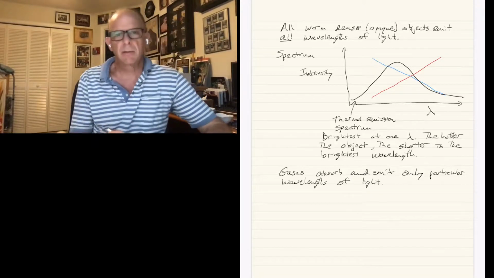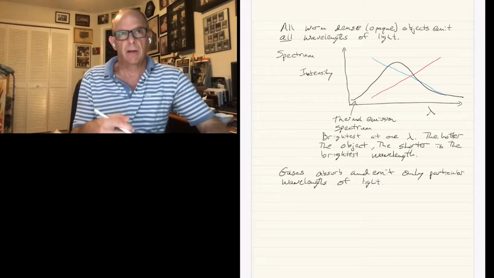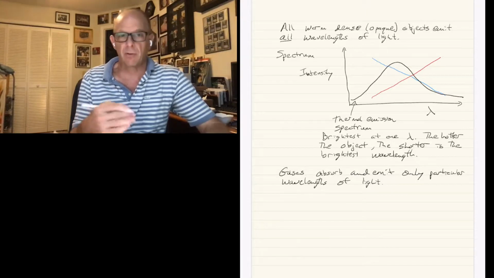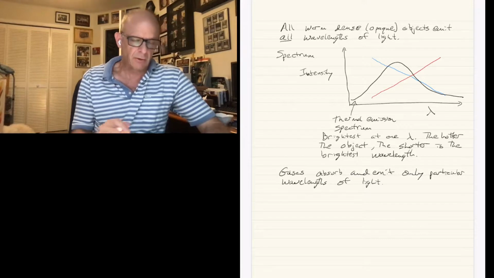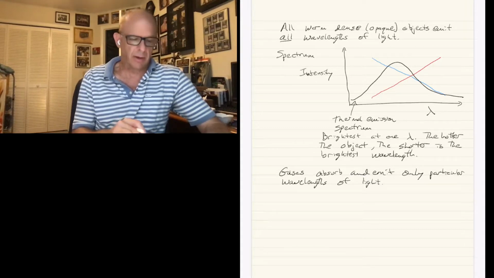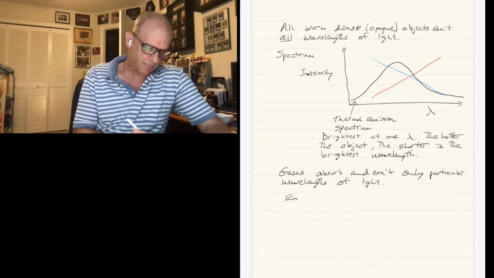So some gases, such as carbon dioxide, are transparent to visible light photons, but are opaque to infrared light photons, the photons that are emitted by cooler objects such as the surface of the Earth, but they're transparent to the photons that are emitted by warmer objects such as the sun. So that's a little bit of a primer on the physics of light and the definition of wavelength and different types of spectra.